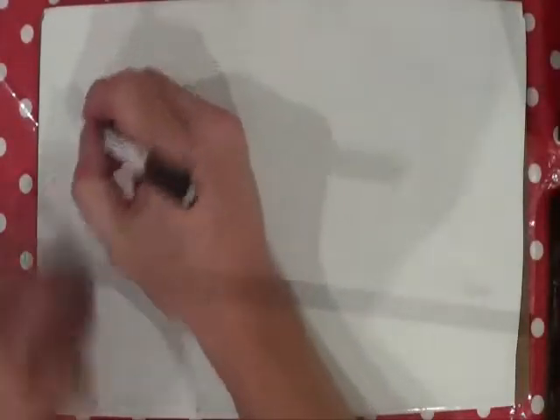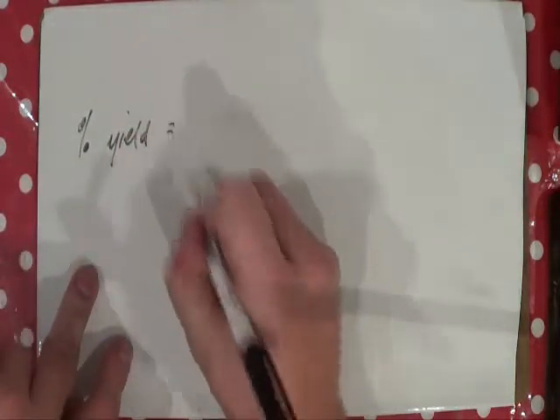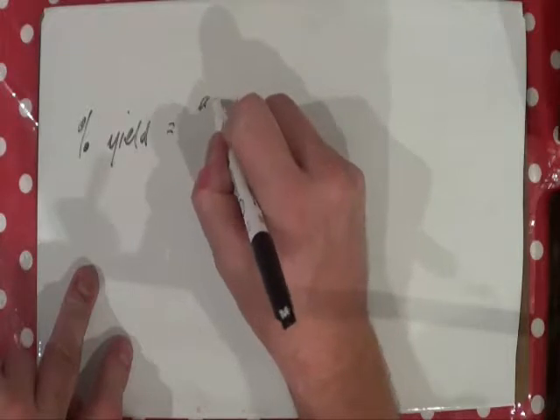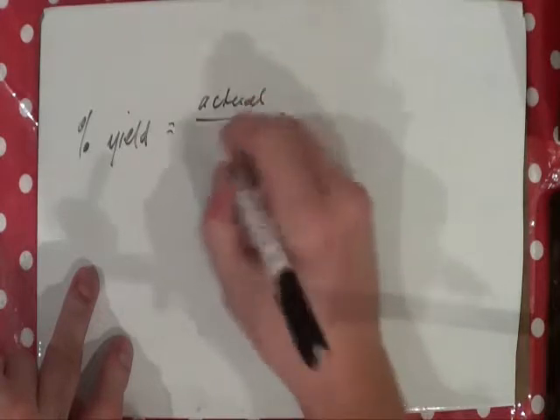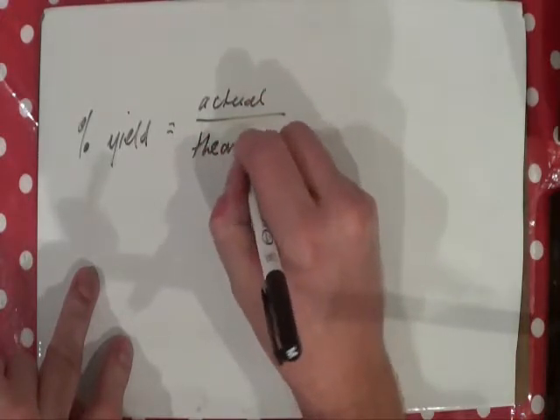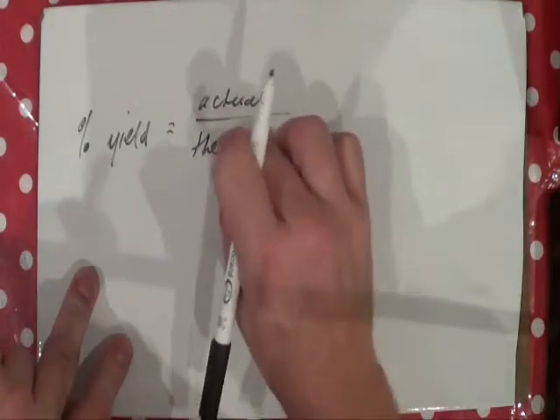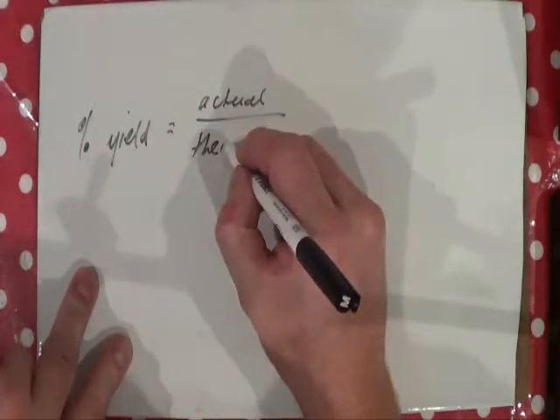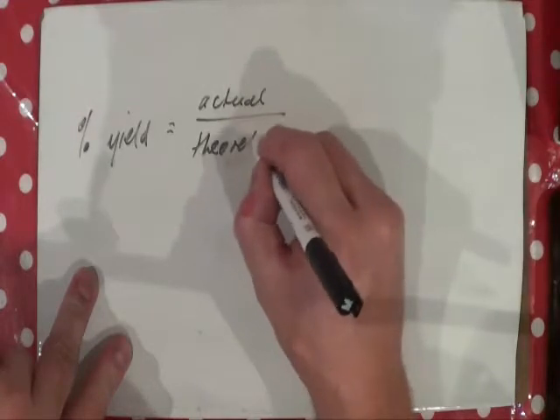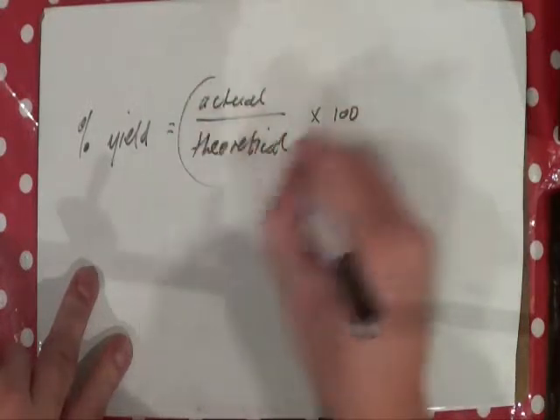So when you're trying to work out what we call our percentage yield, the calculation that you have got to do is your actual divided by your theoretical multiplied by 100.